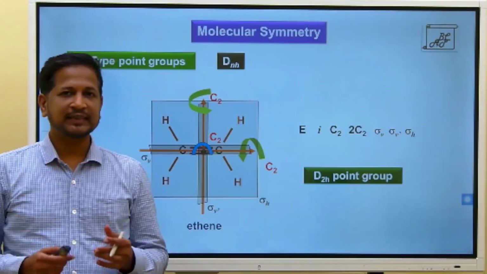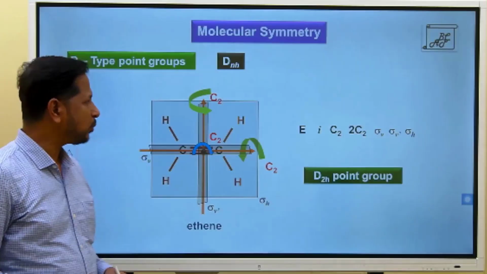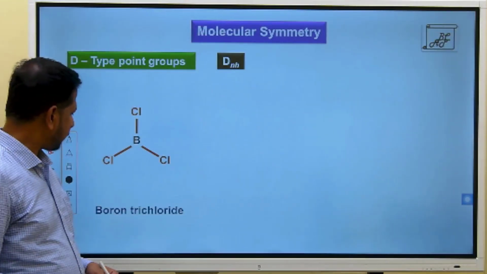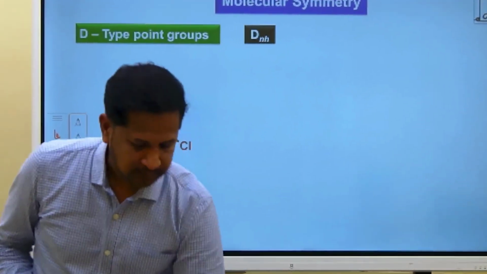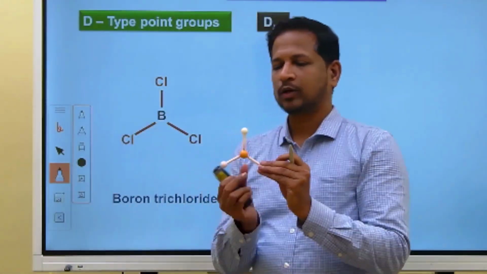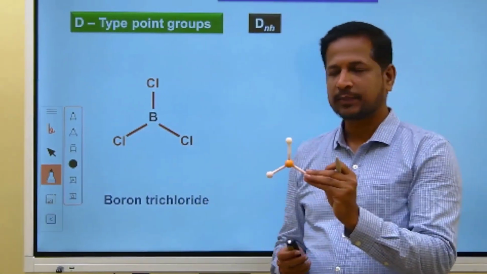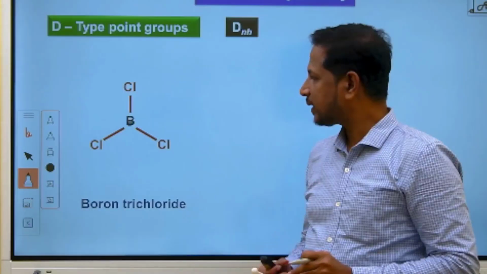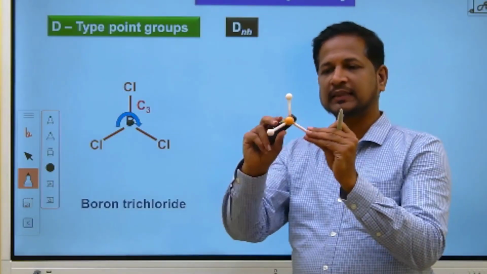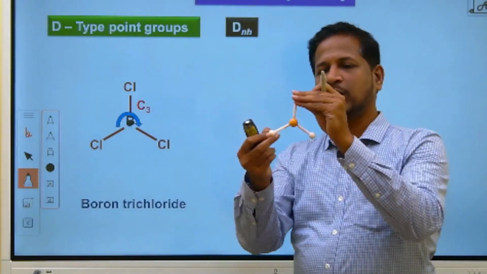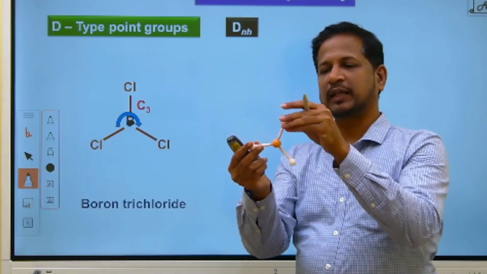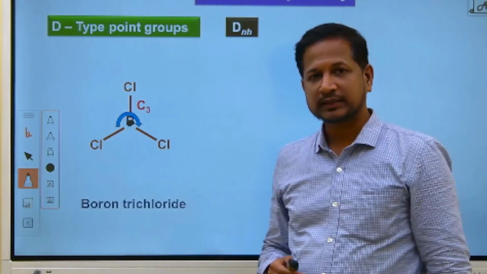To understand this Dnh point group, let's take one more example. Let's take the example of boron trichloride. This is the molecule boron trichloride. These three are the chlorine atoms. Now in this boron trichloride, there is a principal rotational axis through which you can rotate the molecule to get an indistinguishable image. So this is the C3 rotational axis.